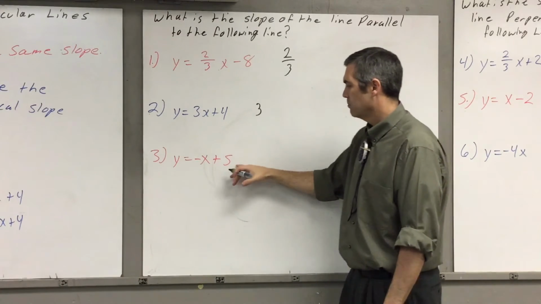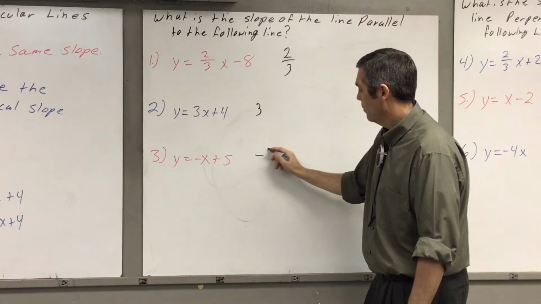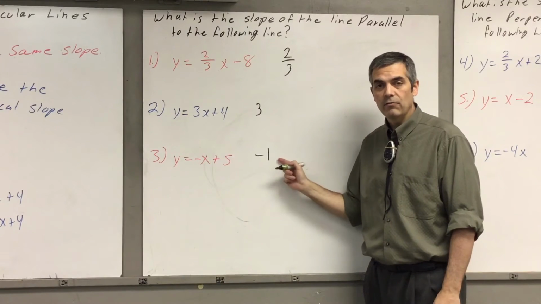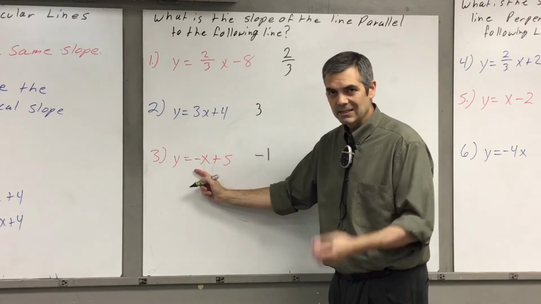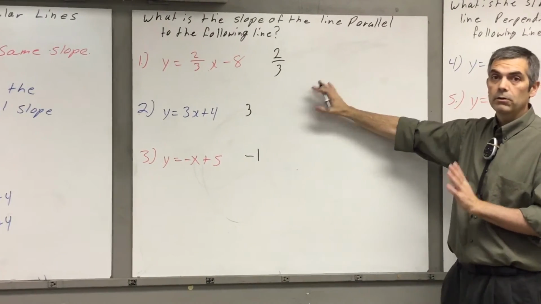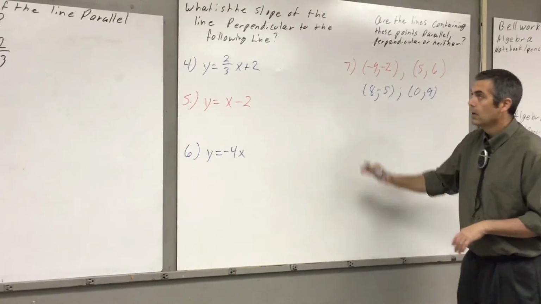Y equals negative x plus 5, that's a negative 1 right there. So any line that's parallel to this is going to have a negative 1 slope. Just look at what the slope is. If it's parallel, it's going to have the exact same slope. Parallel shouldn't be hard. You should be able to recognize that if you've seen slope-intercept form before.